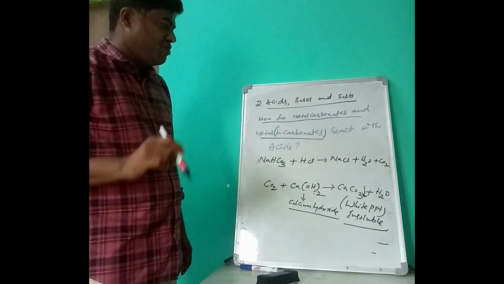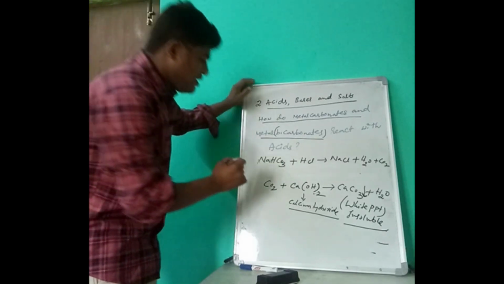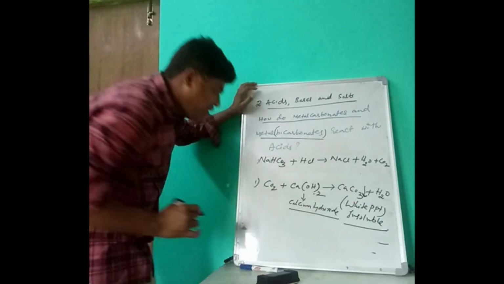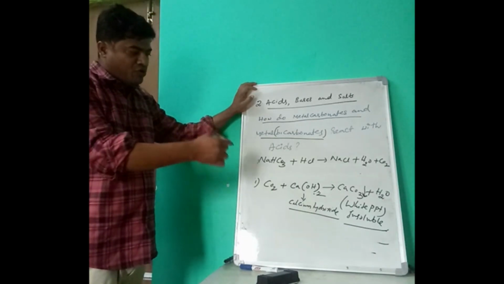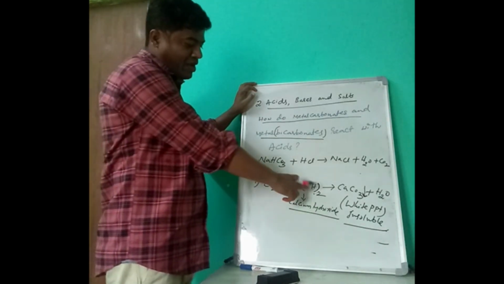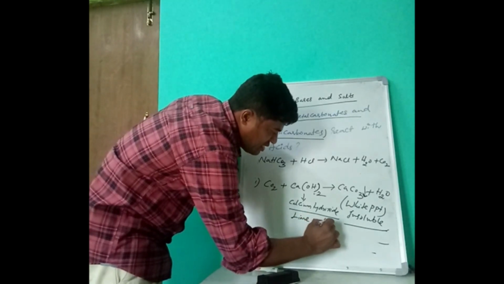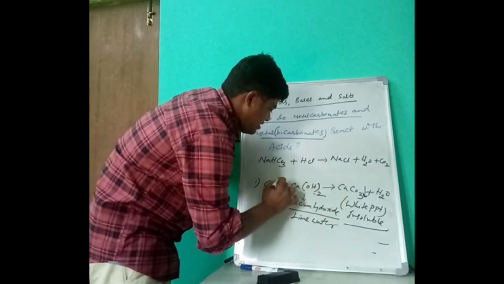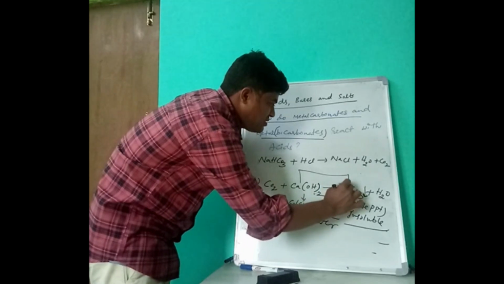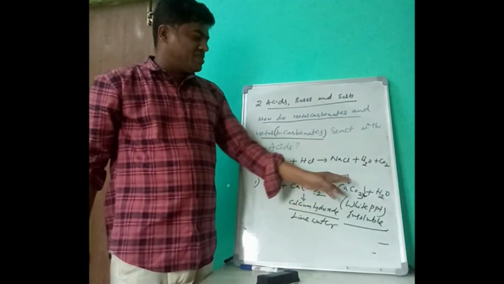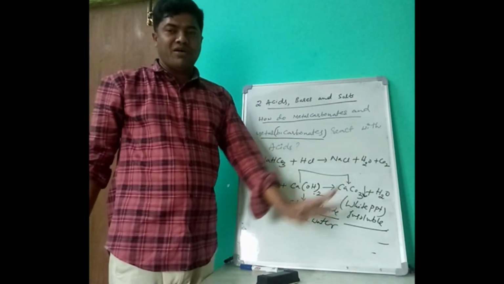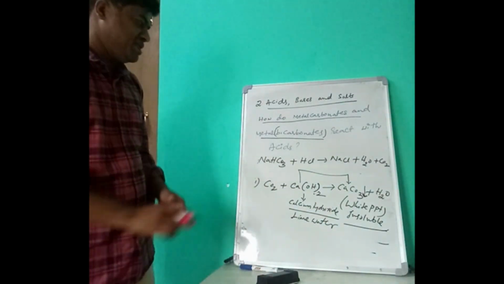This you already know. When carbon dioxide passes through lime water, commonly you call this lime water, it turns lime water milky. Calcium hydroxide turns lime water milky because of the formation of calcium carbonate.